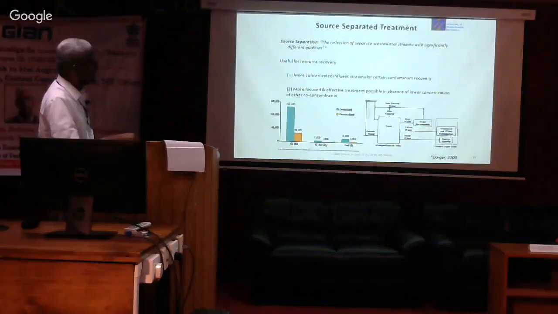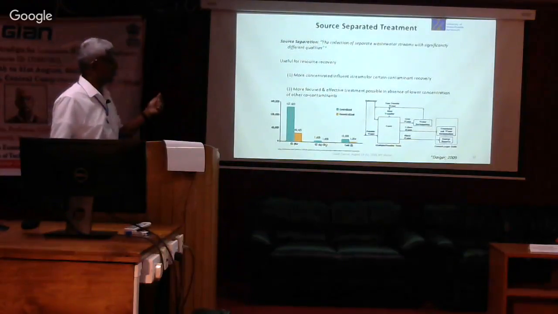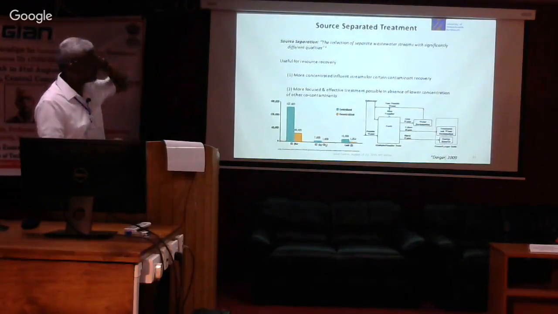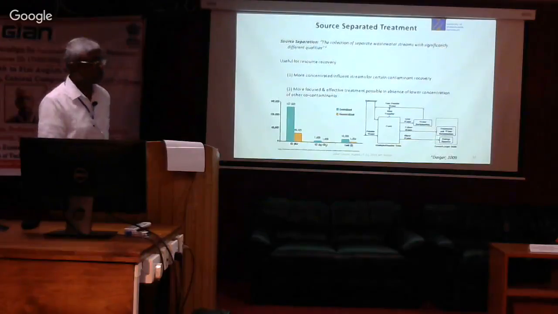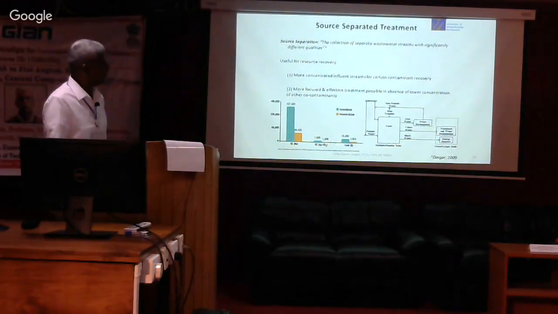And now, when you have degraded its quality, if you can separate grey water, which means the water from the sink, the water from the shower, etc., then you don't have to do much treatment because that grey water is not heavily contaminated. And you can use it for non-potable purposes.